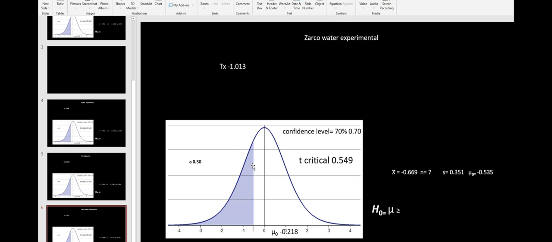Right. So mu naught is the average of before and after, and then mu naught of... no, no, mu naught is before, and x will be during, for one t test. For the second one, the sample mean is during, and mu naught will be after.